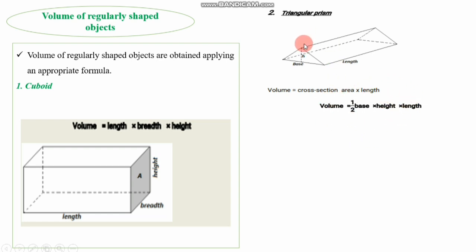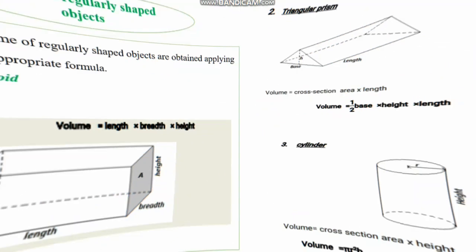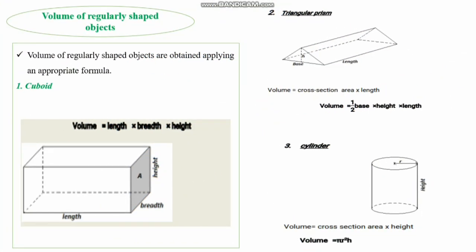Looking at this solid, we can cut many triangles from it, meaning the surface of the triangle is the cross-sectional area of this triangular prism. Therefore, the volume is calculated by a half times base times height, which is the area, times the length of this solid.